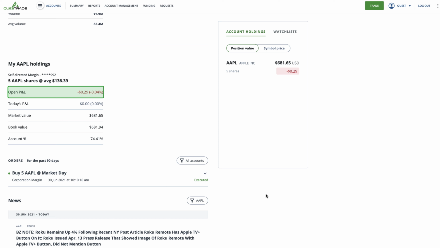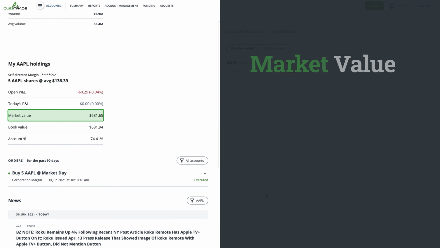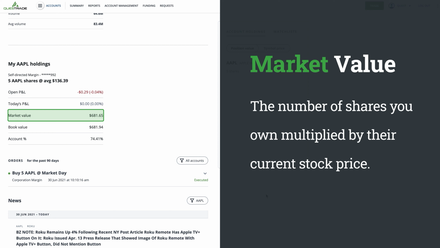This represents the amount of money you've gained or lost from this position since it was first added to your portfolio. Also included are other details, like today's profit and loss, which shows any change that occurred during the trading day. You'll also see market value and book value. Simply put, market value is the number of shares you own multiplied by their current stock price.